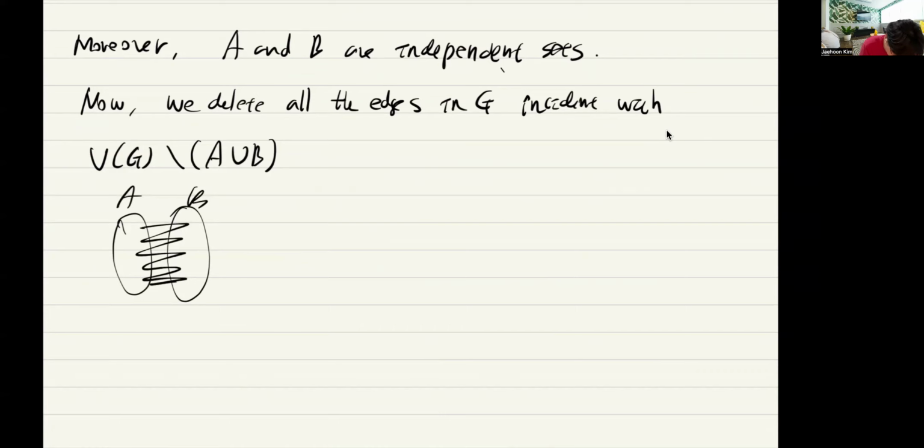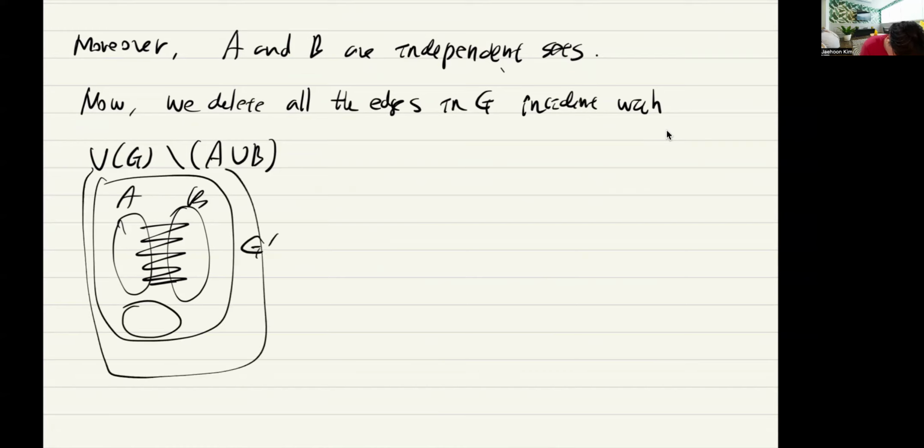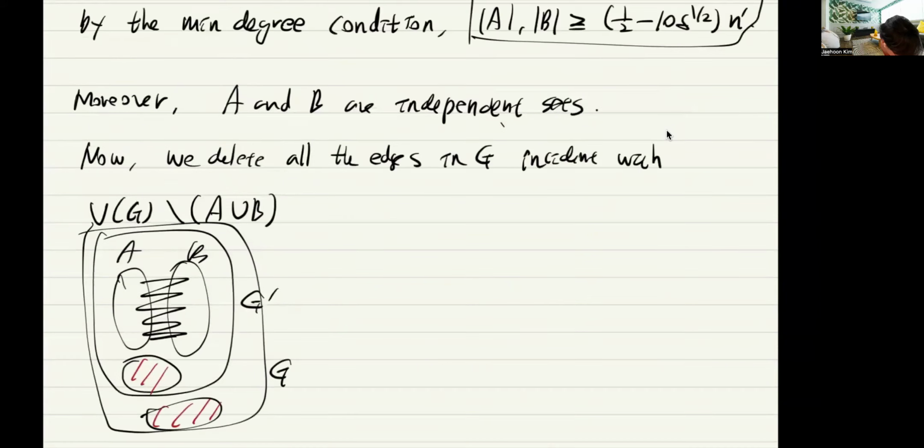And then there are some vertices here in G prime and vertices here in G. And we delete all the edges incident with these vertices. Then we obtain a bipartite graph.